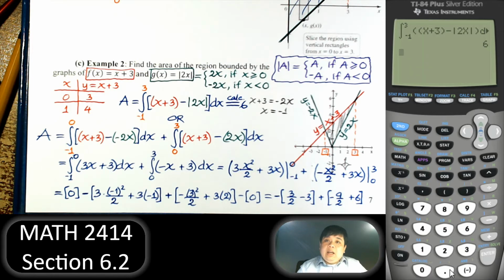Right, -3/2 minus 3 plus negative 9/2 plus 6.